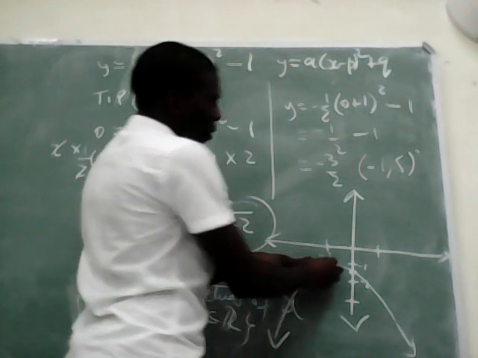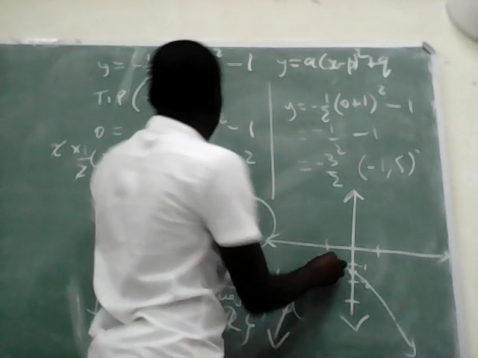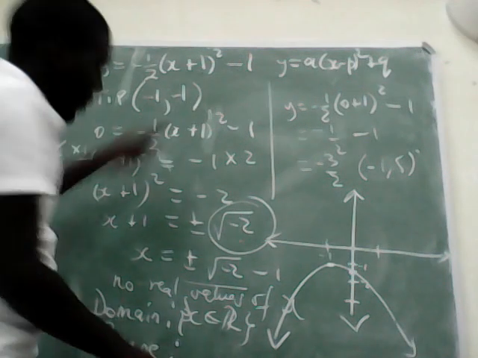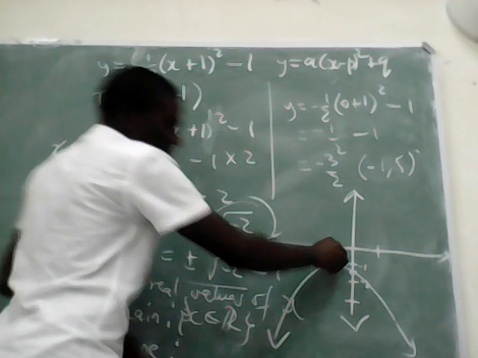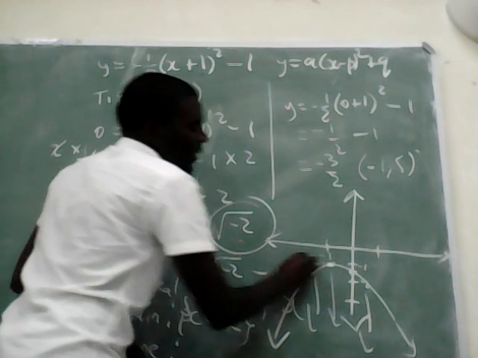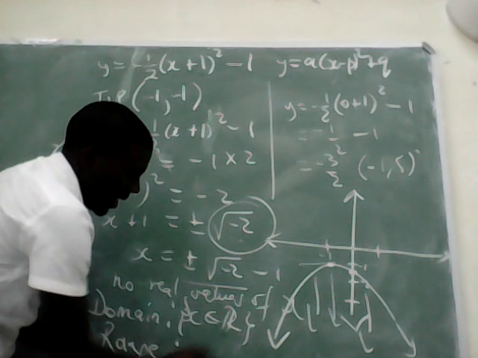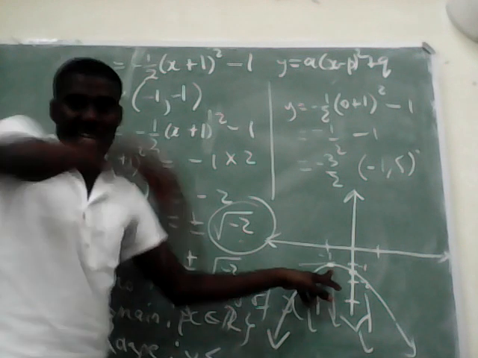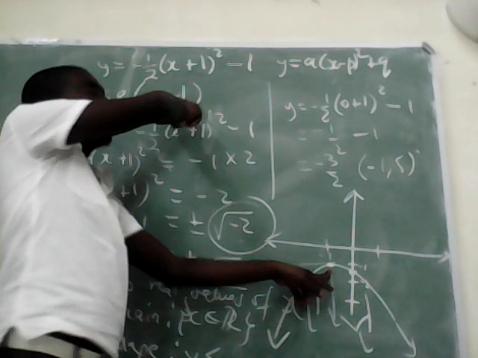We're not expecting y equals 0 because y starts at minus 1. So therefore, all values of y are less than the turning point. That would be y less than or equal to, because we're including minus 1 as one of the coordinates we're expecting.